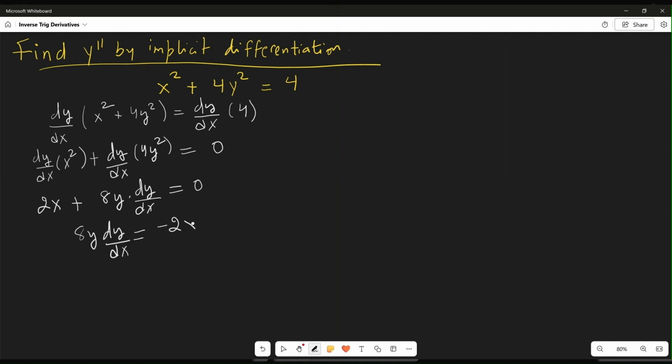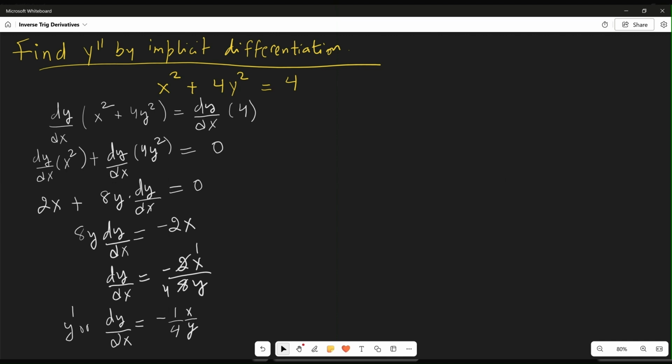Negative 2x, so 2 fours are 8. So we have y prime equal to negative x over 4y.